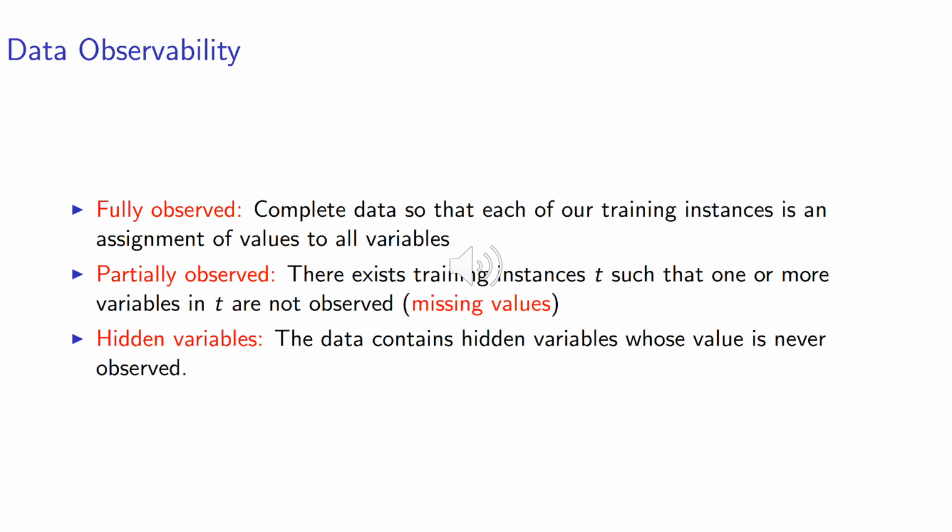So this concludes our discussion on machine learning concepts. It was a very fast go through some machine learning concepts. And what we will do in the next class is look at our first learning algorithm for graphical models.